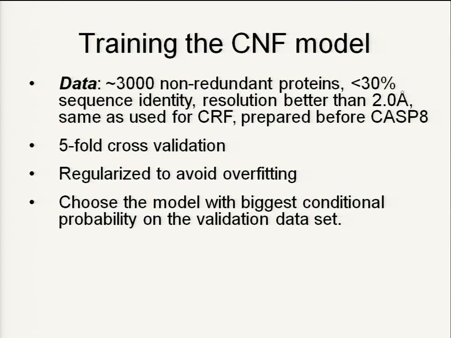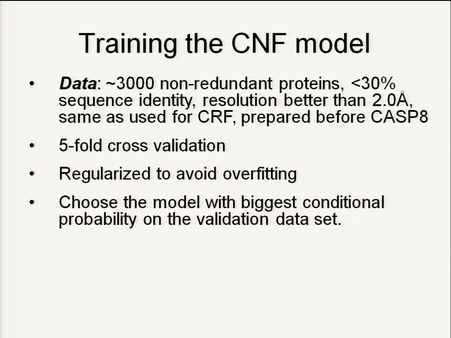The CNF model is trained using around 3,000 non-redundant proteins with less than 30% sequence identity and resolution better than 2 Angstrom. We use the same training data as what we did for CRFFolder so that we can compare the performance of those two models. Those data were also prepared before CASP so that we can use CASP targets as a testbed.